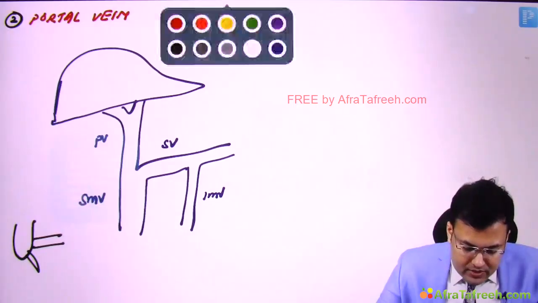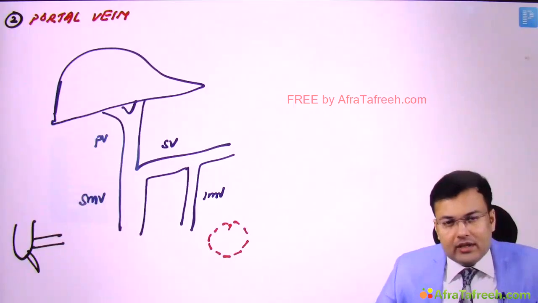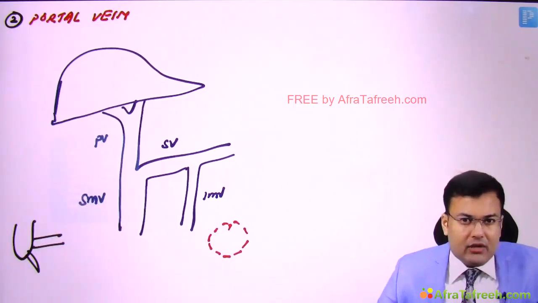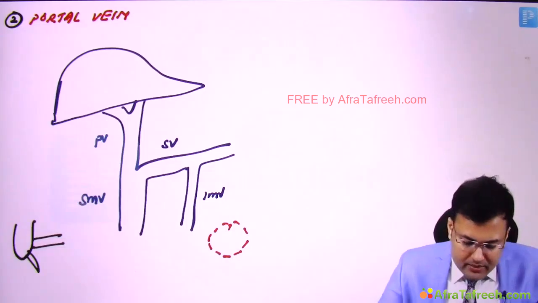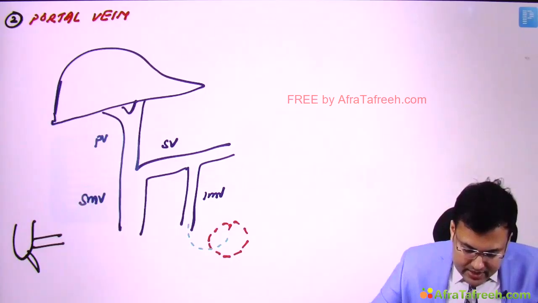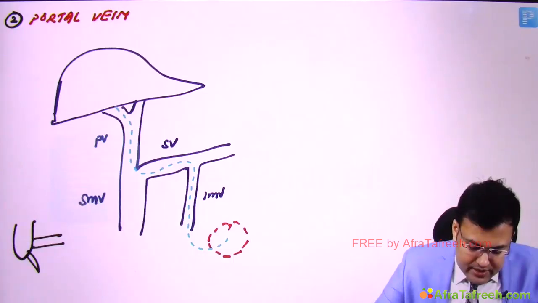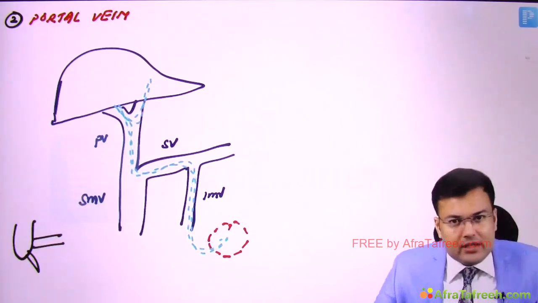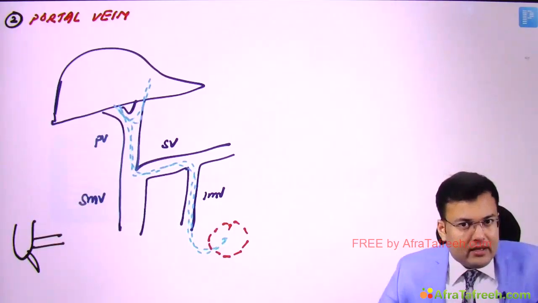Second, suppose the patient is having what? Diverticulitis. And you know that the most common site of colonic diverticulitis is sigmoid colon. So if there is diverticulitis, what is the problem here? The organism can reach inferior mesenteric vein, then splenic vein, then portal vein, and then liver. Clear? So in cases of diverticulitis also, what? The organism can reach the liver and it can cause what?